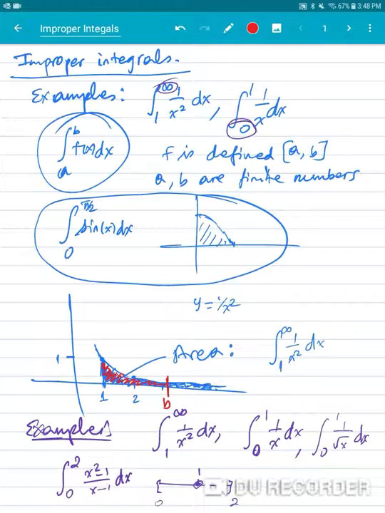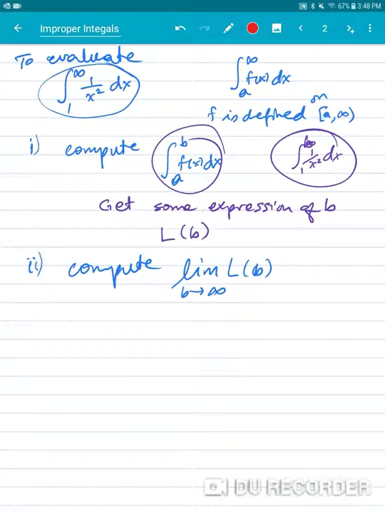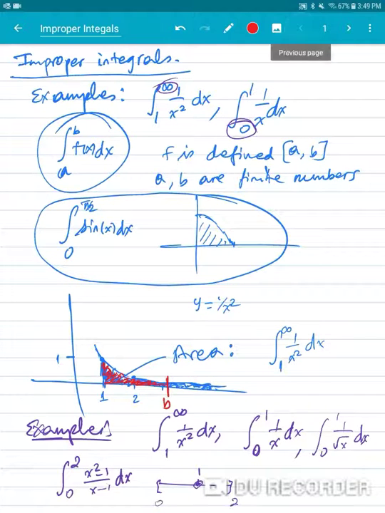That's a finite value, but it is a function depending on b, so it's an expression of b. Once I get that, then I can push b to infinity. So by pushing b towards infinity, I am covering every inch of this region by taking the limit as b approaches infinity. Okay, so that's the idea.